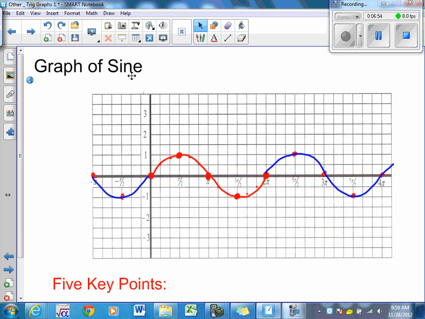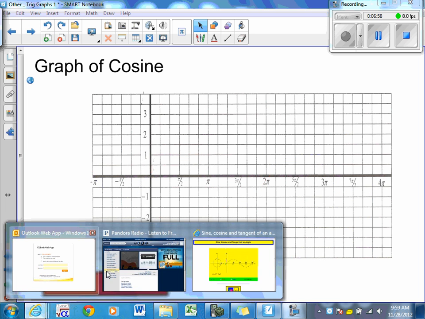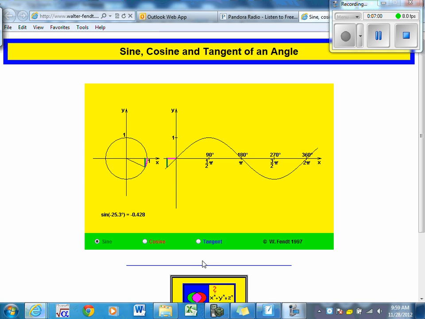So there's sine. So there's cosine. Cosine's different because it's not the y-coordinate, this green line right here. Cosine is the x-coordinate. So it's this red line.